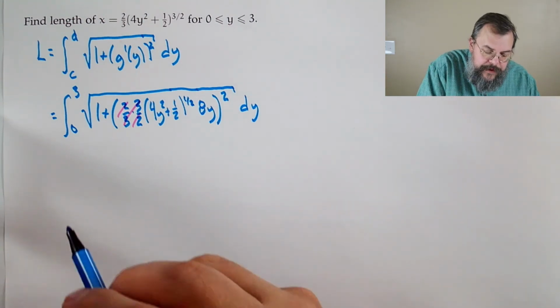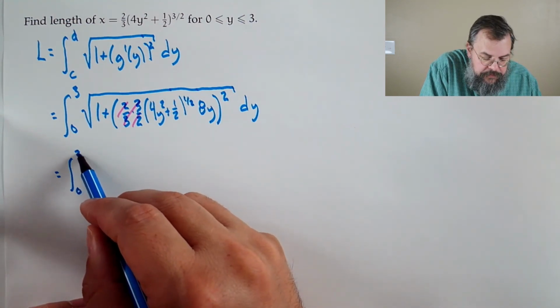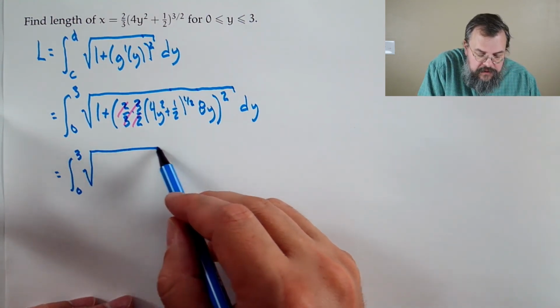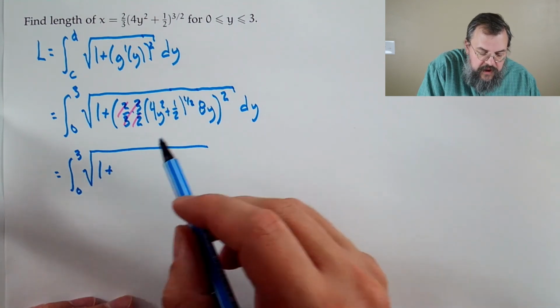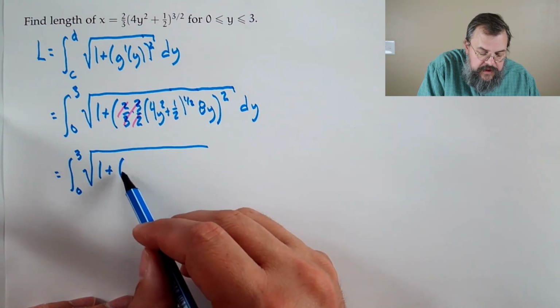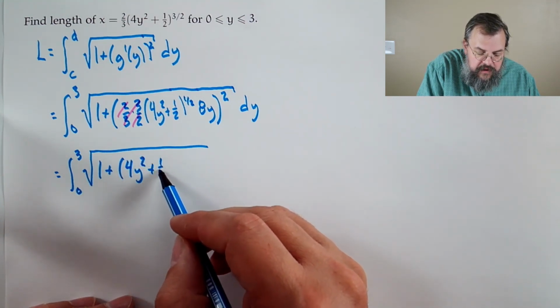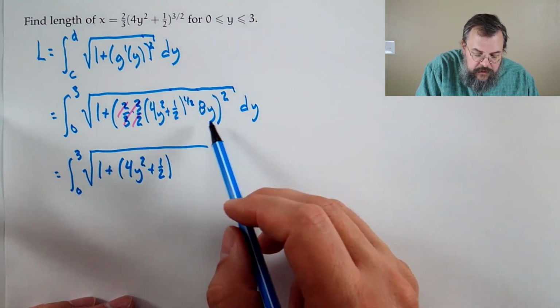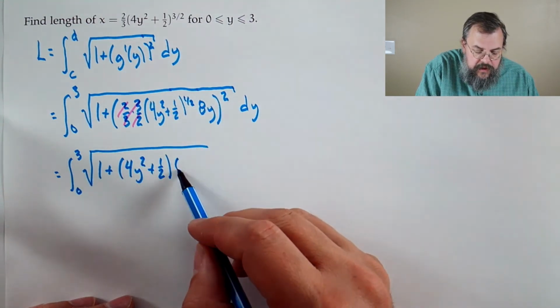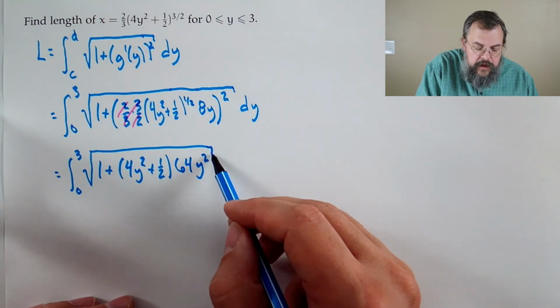So let's see what beautiful algebra happens here. 0 to 3, square root of 1 plus, now we have the 1/2 squared, so that'll just leave us with the 1. So 4y squared plus 1/2. Now square this term. 8 squared, 64, and y squared is, well, it's y squared.